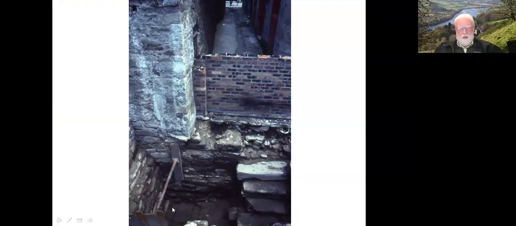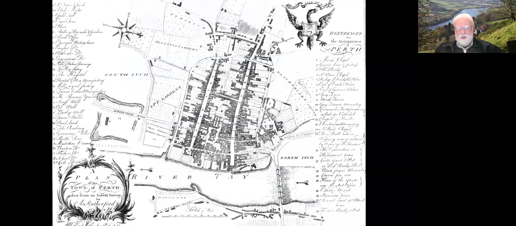And then the town's lade, the watercourse, is on the outside of it, acting as a sort of moat. That's, if I can find it, yes, that's in this area here. And quite an interesting surviving example of the town's defensive circuit.